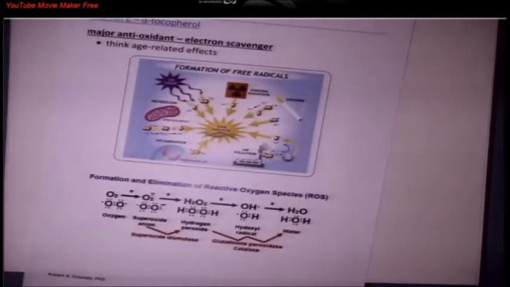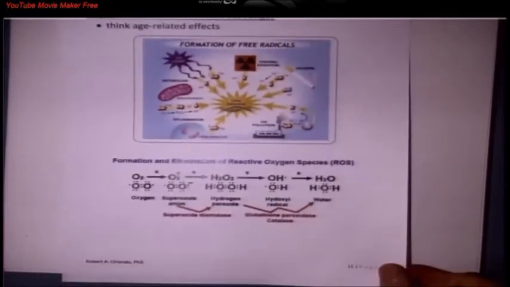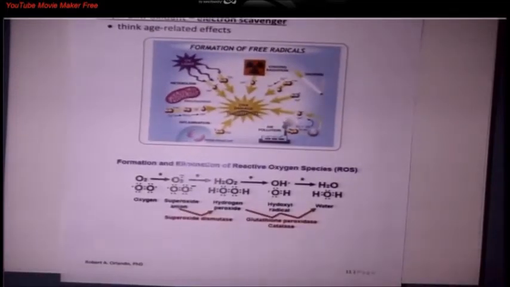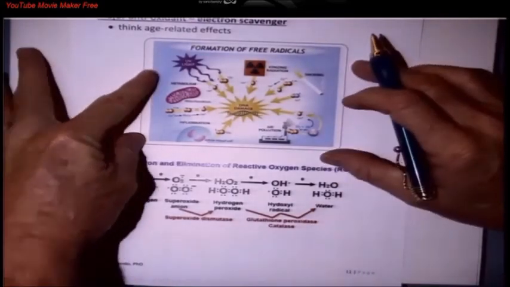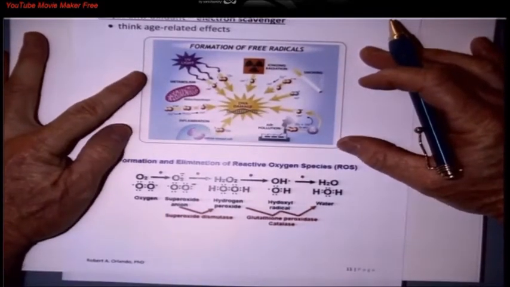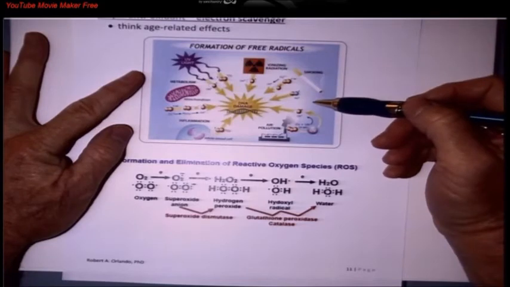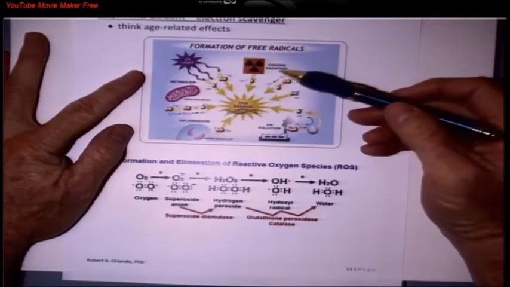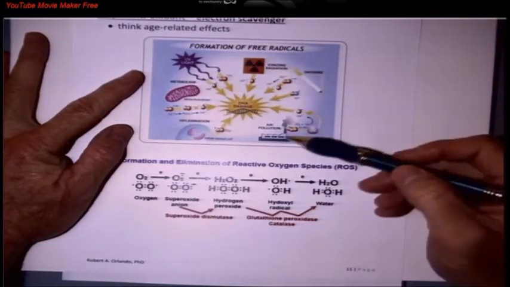Vitamin E is easy. It's an electron scavenger. Its primary job is antioxidant function. So I found this little cartoon that describes the various insults that we can suffer from oxidative damage. Smoking, air pollution.